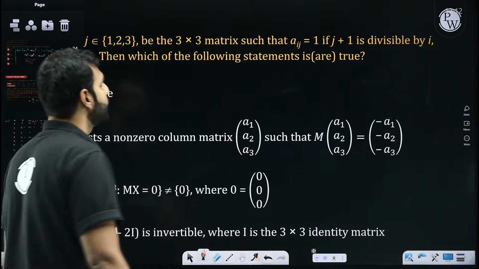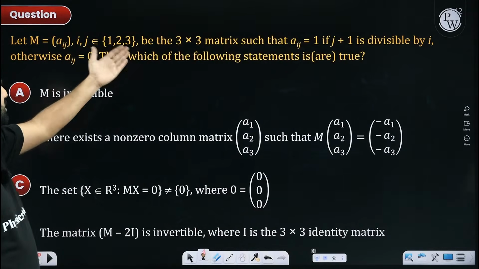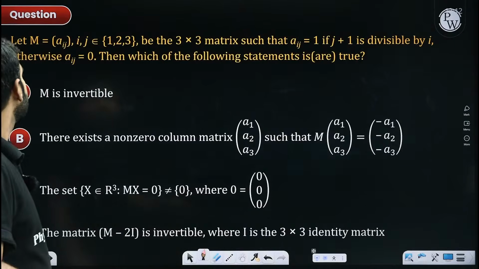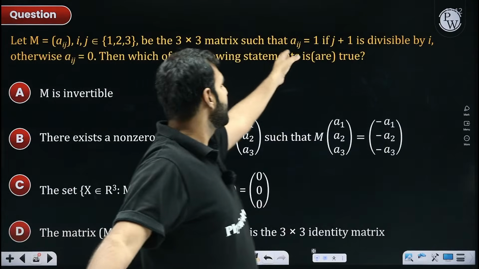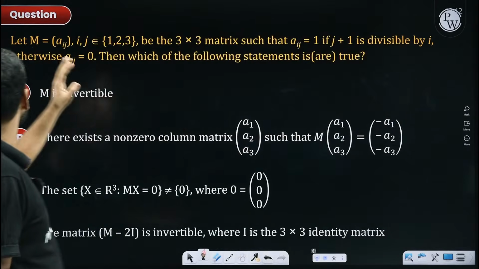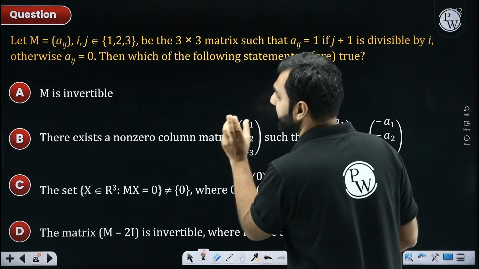What does it say? Let's form this matrix first of all. It says M, Aij, where i and j are 1, 2, 3. So a 3 by 3 matrix it is going to be. Then what does it say? It says Aij is 1 if j plus 1 is divisible by i. Otherwise, Aij is 0. So let me find this matrix M first of all.